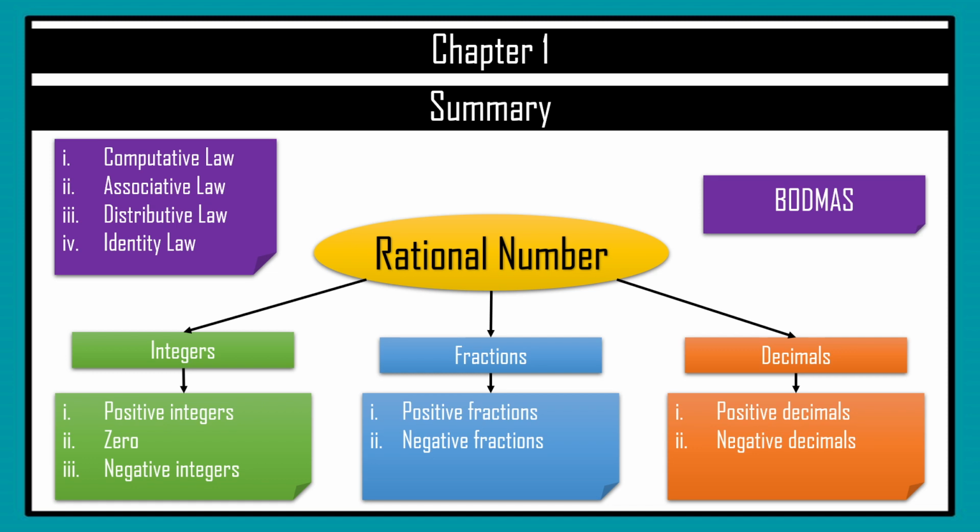So this is a summary of what you have learned throughout chapter 1. I hope that you already learned something new, and if you have any part of this lesson that you do not understand, make sure to look back at the previous video.